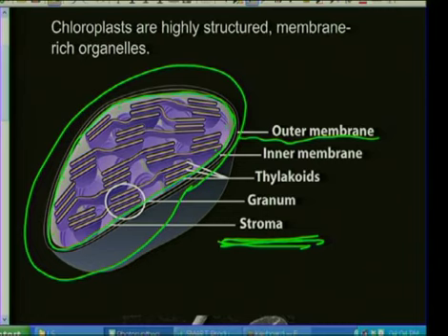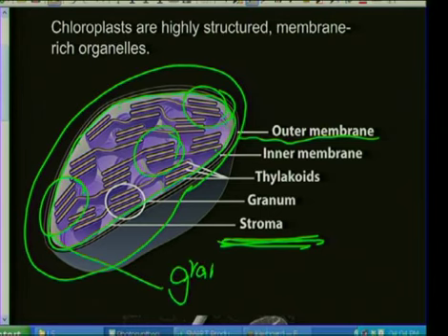And as we can see, there's a lot of plate-like discs that are found inside the chloroplast. Many of them. Each bundle there is called a granum, as is labeled there. And each single disc there, 1, 2, 3, those are called thylakoids.